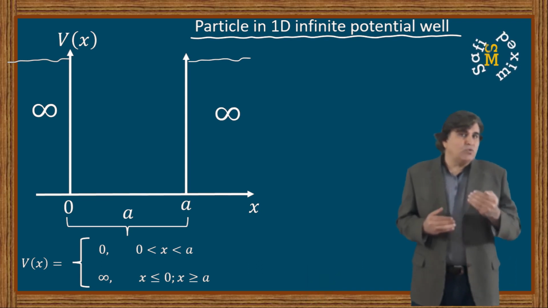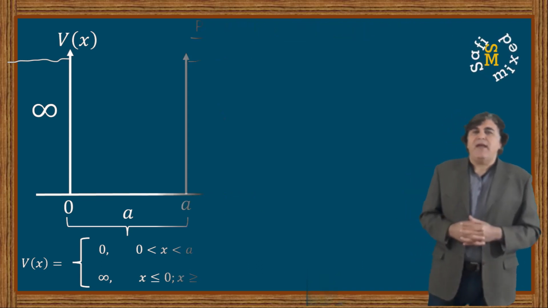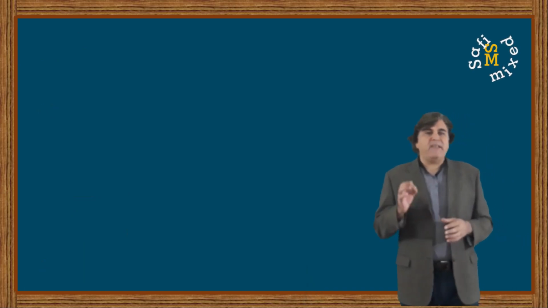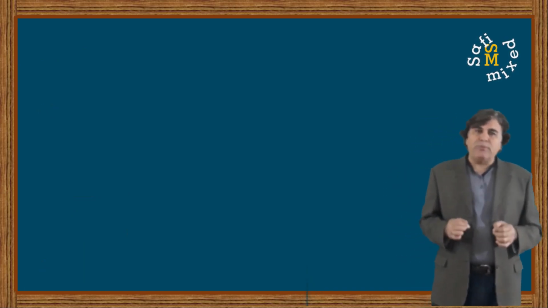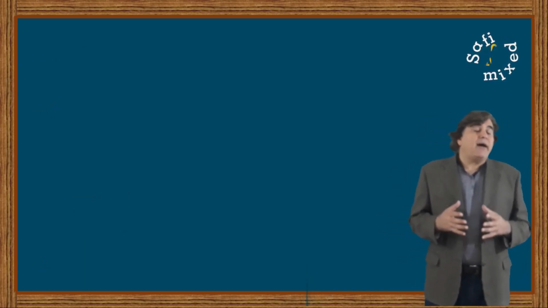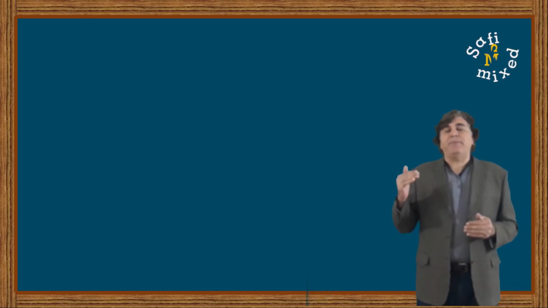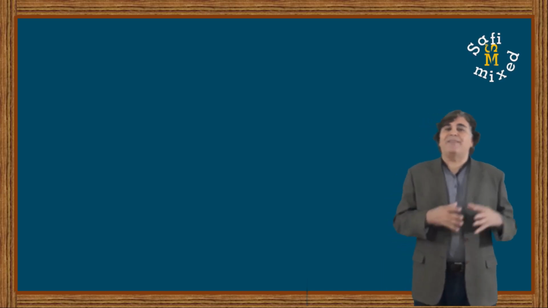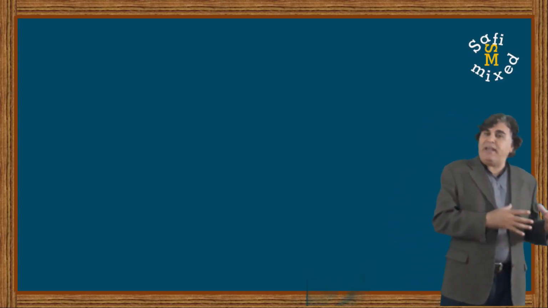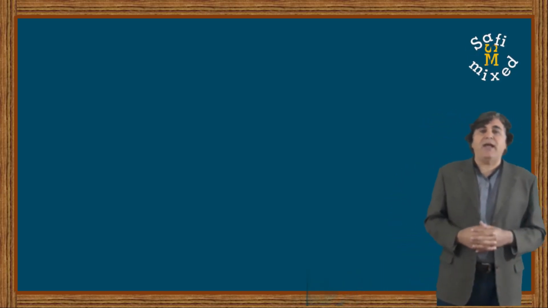So let's do this first classically, and in the next video on this topic I will solve the problem quantum mechanically, and at the end I would then compare the two results, that is the one obtained from the approach of classical mechanics and the one that is obtained from quantum mechanical approaches.